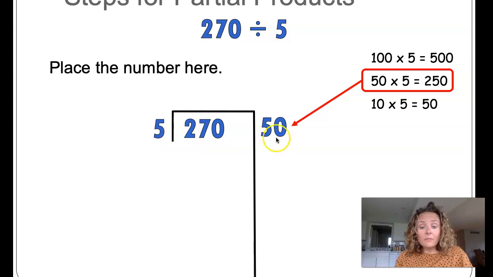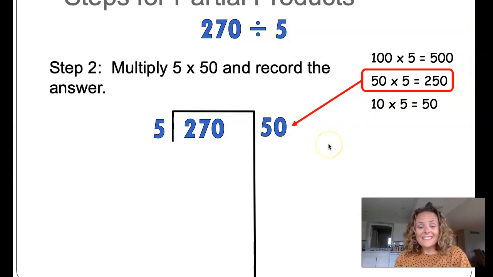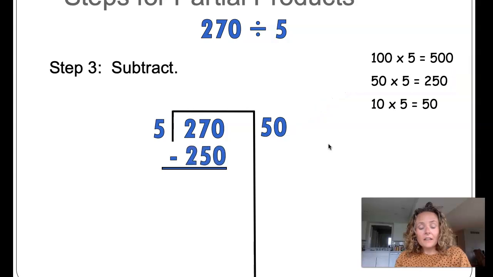So each of the 5 families is going to get 50 cookies. So how many cookies have I already divided? Well, 50 times 5 is 250. So we multiply 5 times 50 and we subtract it out. 270 minus 250, we still have 20 cookies left to divide between the 5 families.